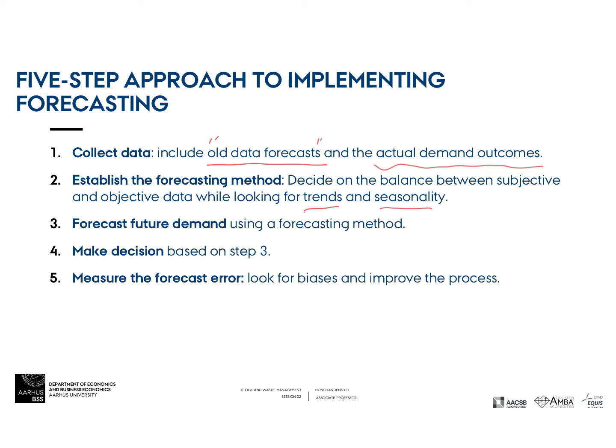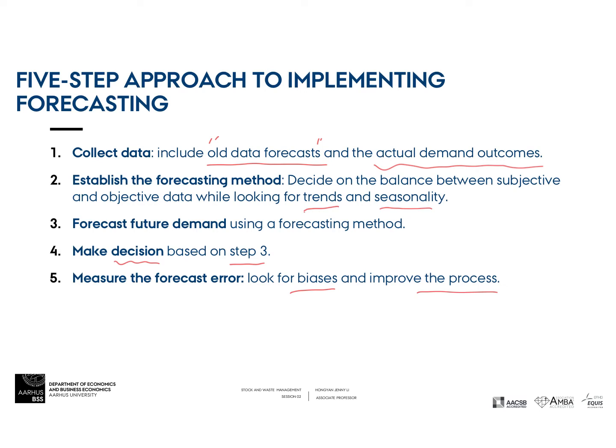Fourth, make decisions based on step 3. Step 3 only gives you suggestions, so you need to adjust the forecast to be useful in practice. That's why we say you need to make decisions. Fifth, measure the forecast error, look for bias and improve the process.